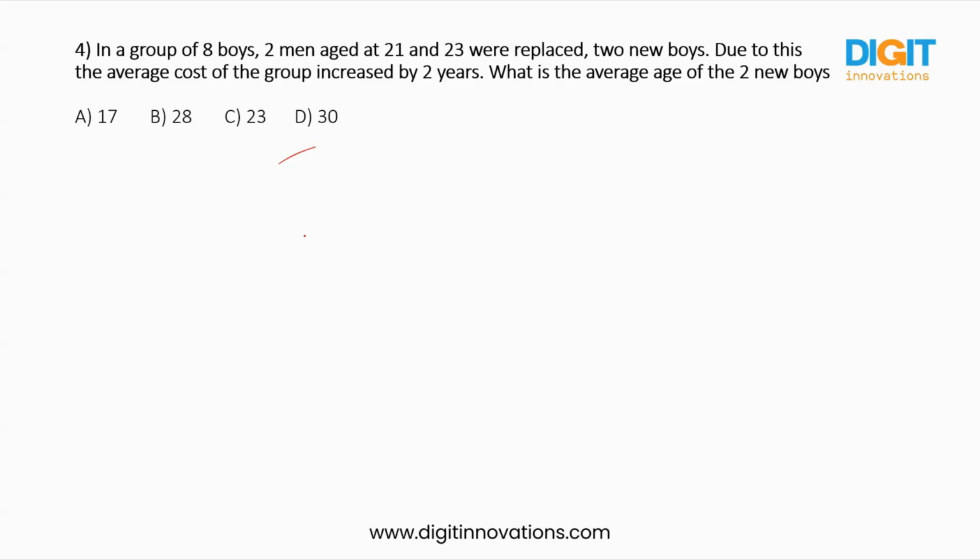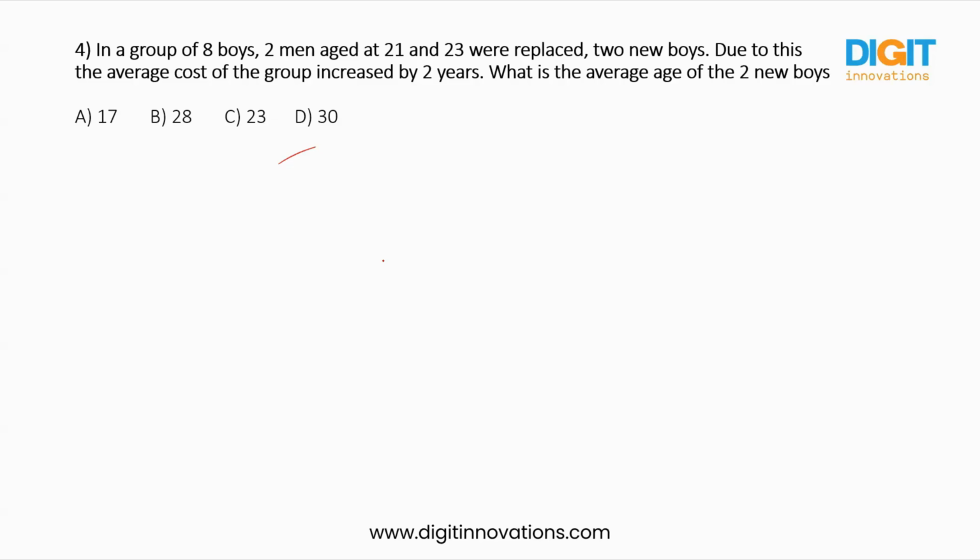So in a group, there are total 8 boys. 2 men left, they are replaced with 2 new boys, and the persons who left are 21 age, 23 age. Now we need to find the sum of age of these 2 new boys. Based on that, we can find the average of those 2 boys.